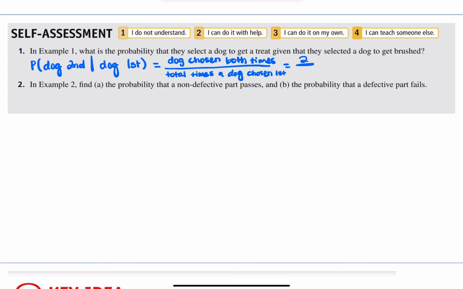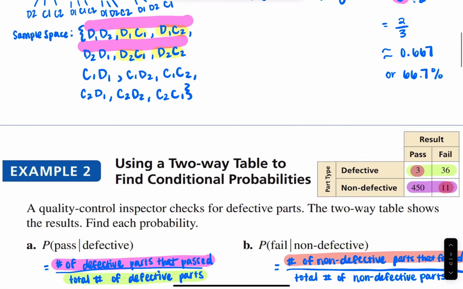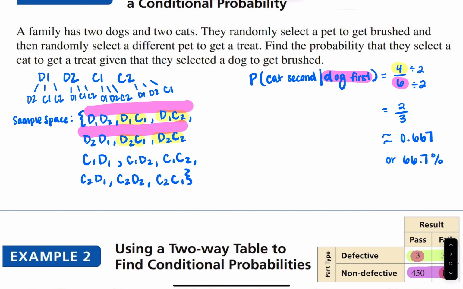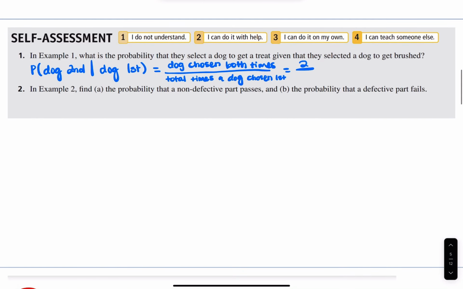So I'm going to look back at example 1 and see how many times a dog was chosen first, and that's this 3 and 6. So 2 over 6. We simplify down, divide by 2, to be 1 over 3. Or we can write it as a decimal, about 0.333, or about 33.3%.